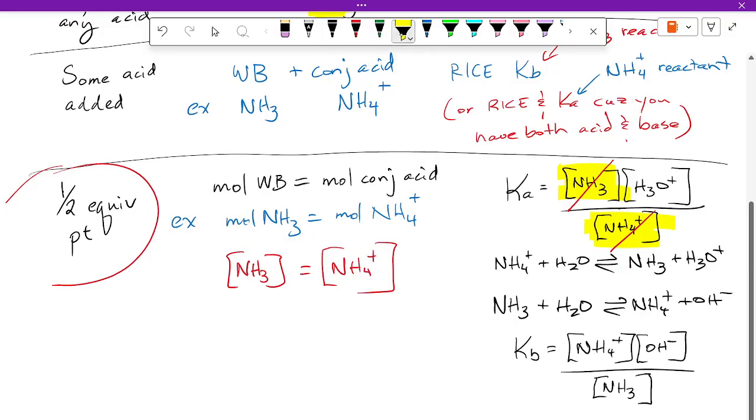But remember, these two are the same. So what are we left with? Kb is equal to the concentration of OH minus. And we'll put a little half down there because that's at the half equivalence point. Yes?